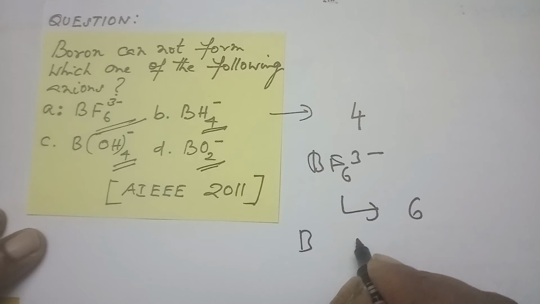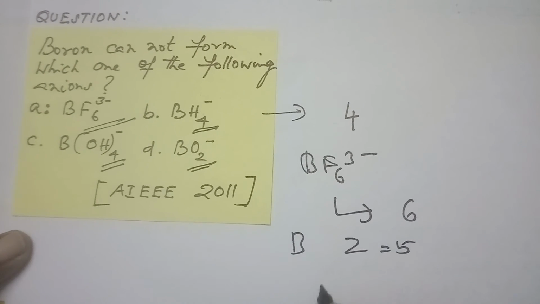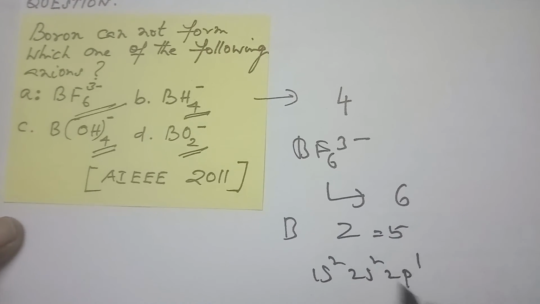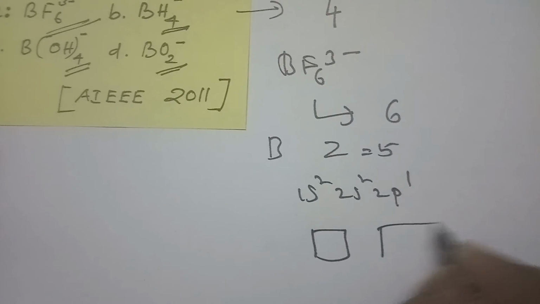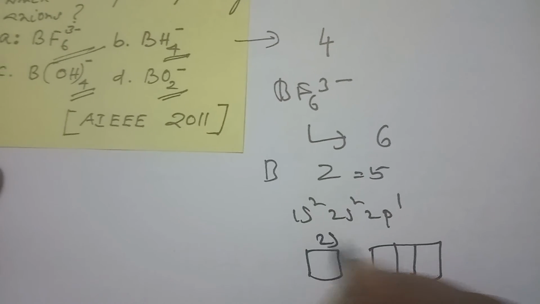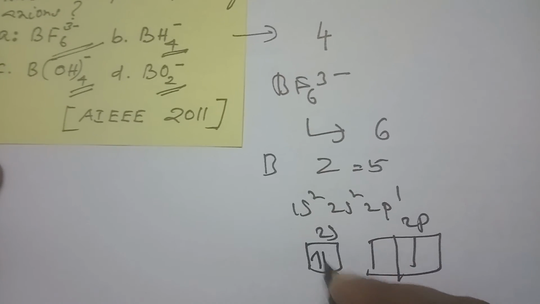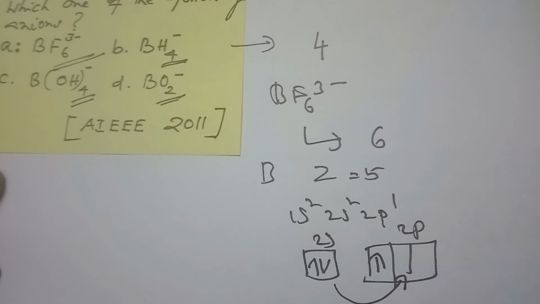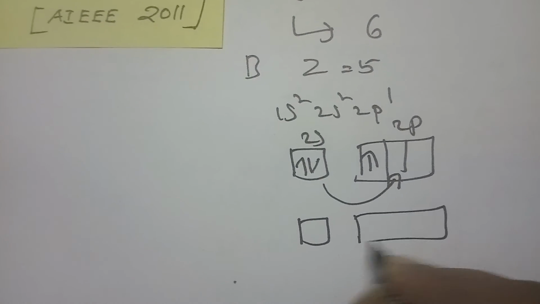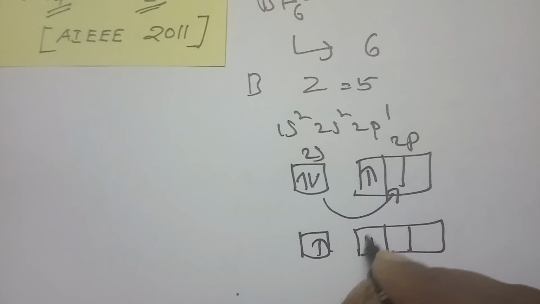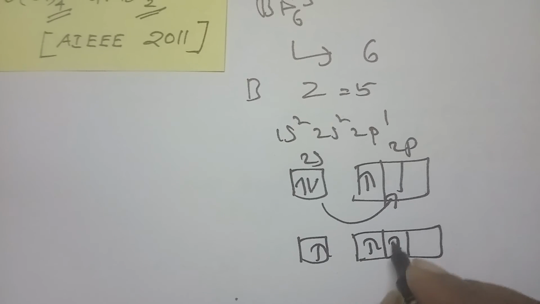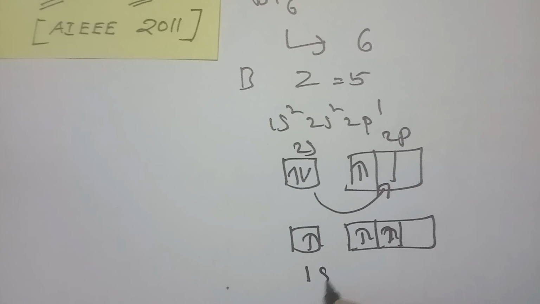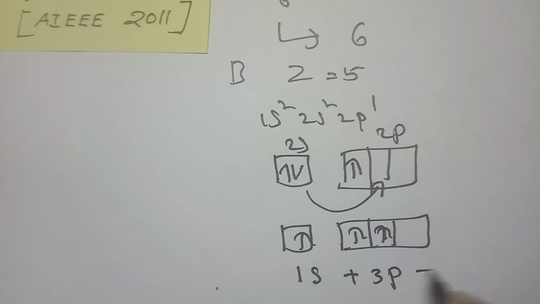In boron, the atomic number is 5. Write the electronic configuration 1s2 2s2 2p1, and the outer electronic configuration is 2s2 2p1. On excitation, an electron is transferred, so you get unpaired electrons in boron, and the orbitals are one s orbital and three p orbitals.